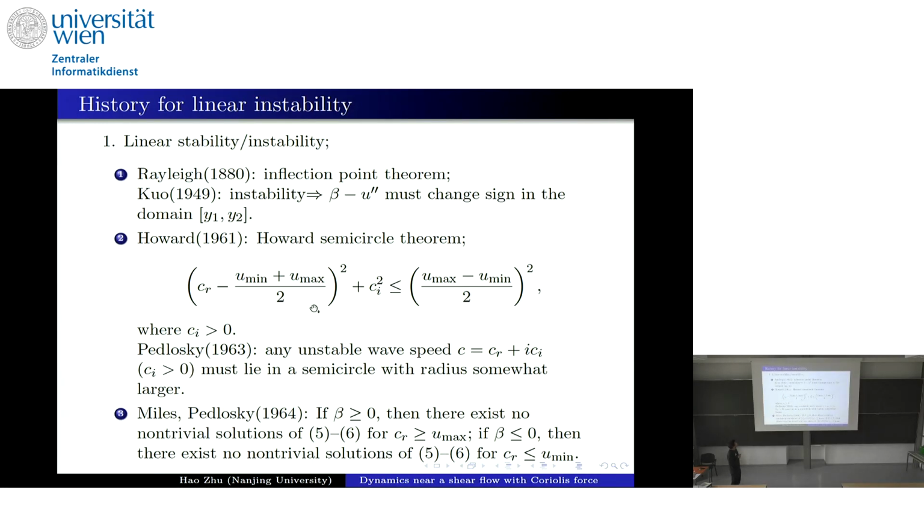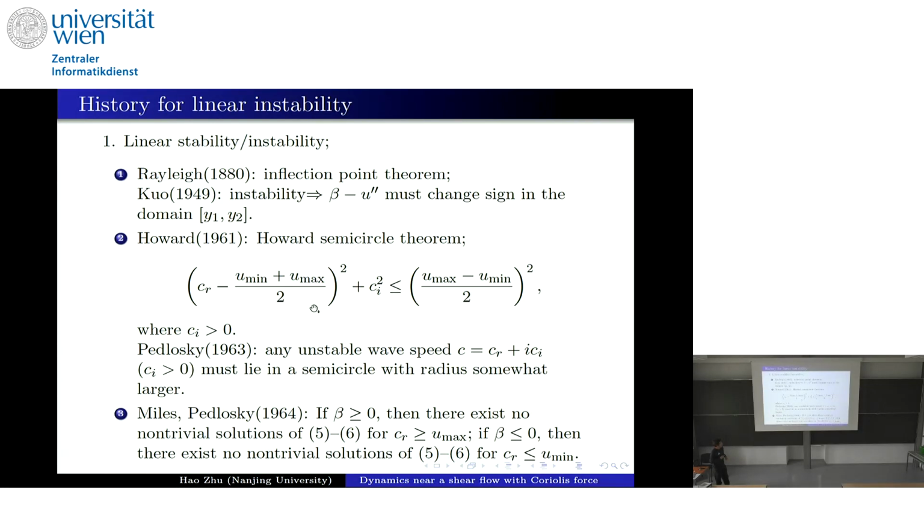The second one is the Howard semicircle theorem. It gives a region such that the unstable eigenvalue lies in. So if beta is zero, then the semicircle theorem says that the unstable eigenvalue must lie in such a semicircle. Here c_i is positive.